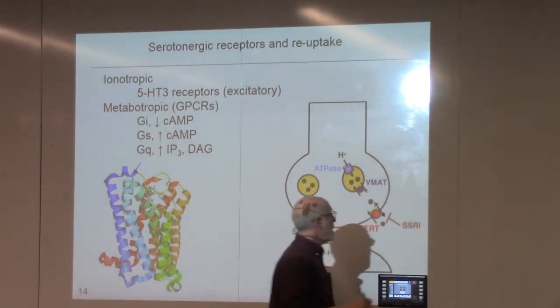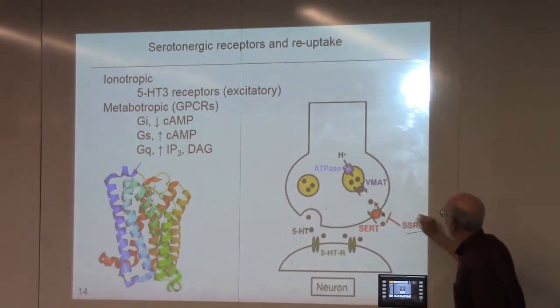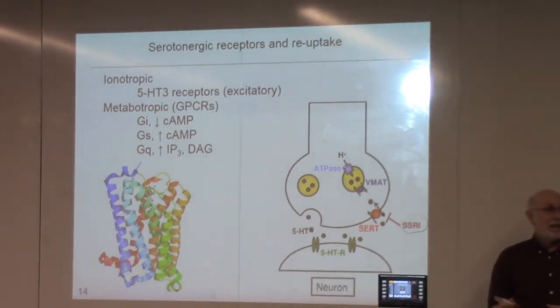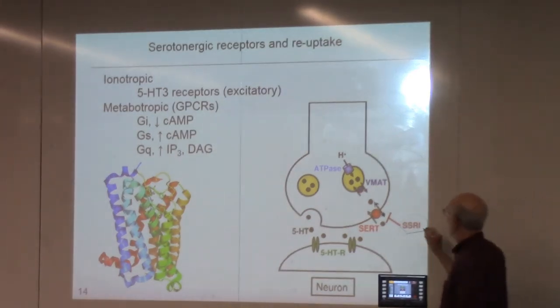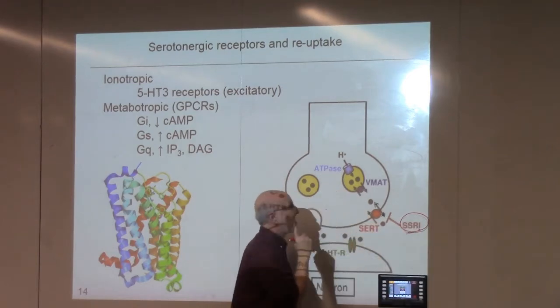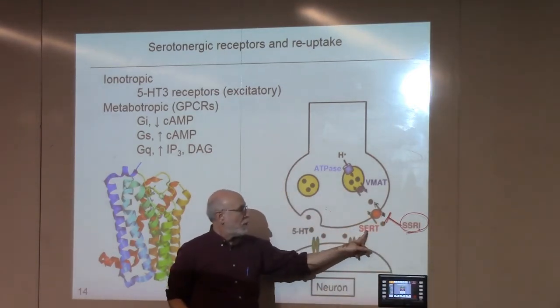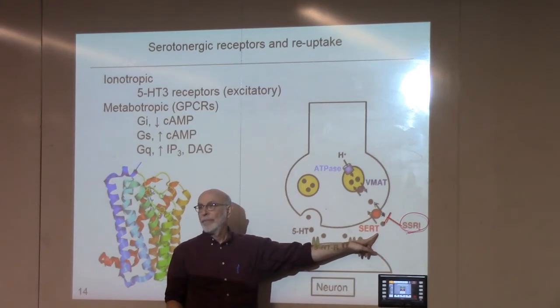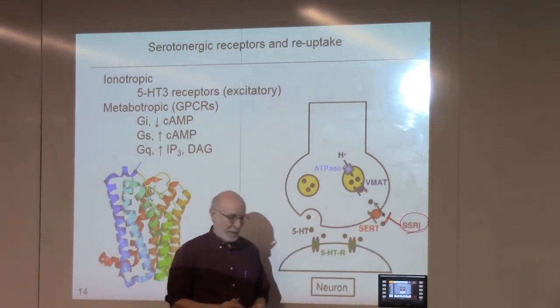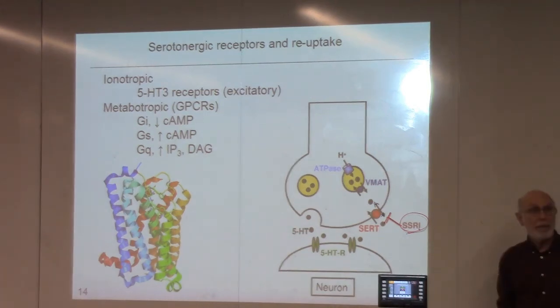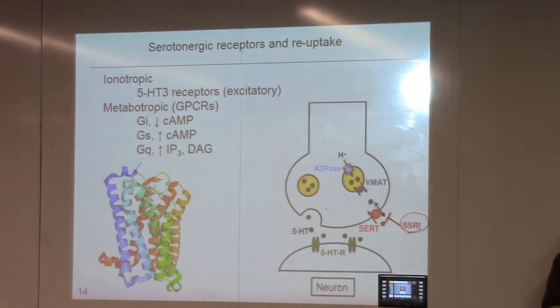Why am I doing this again? Because this protein is the target of a class of drugs you've heard of, the SSRI class of antidepressant drugs. These drugs inhibit the serotonin transporter. And that's why they're important in mood disorder, antidepressant.